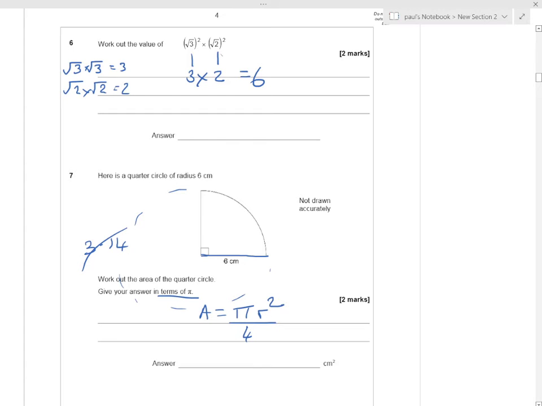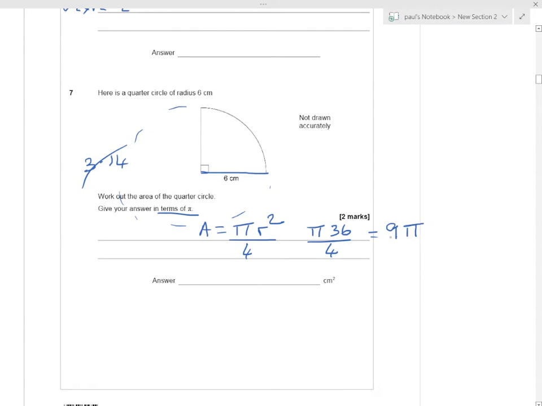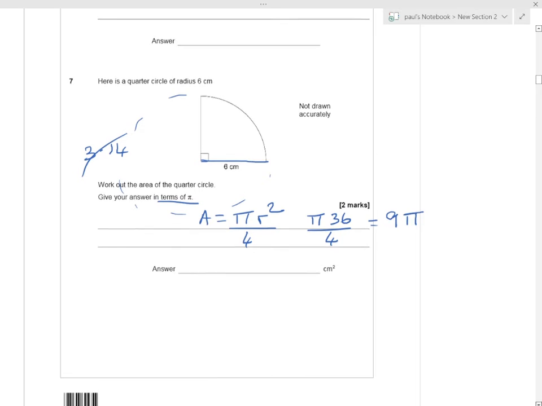So r squared is 6 squared, so that's 36. So we've got pi times 36 divided by 4. 36 divided by 4 equals 9, so it's just 9 pi. Doesn't matter whether you put pi 9 or 9 pi, easier to say it with a number.